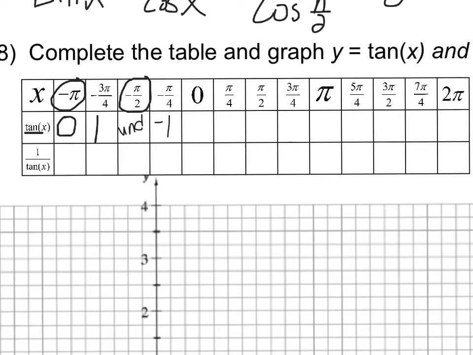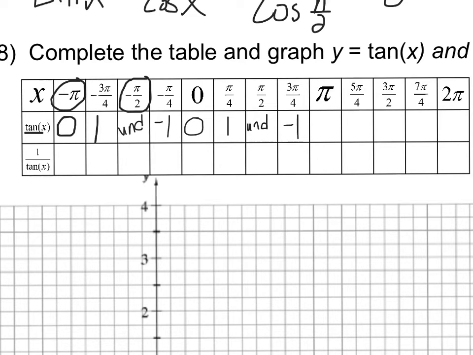The tangent of 0 is 0. The tangent of pi over 4 is 1. The tangent of pi over 2 is undefined. The tangent of 3 pi over 4 is a negative 1.